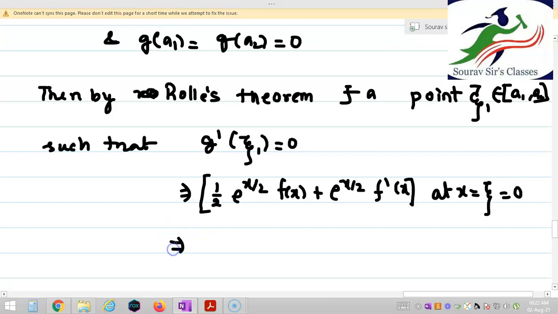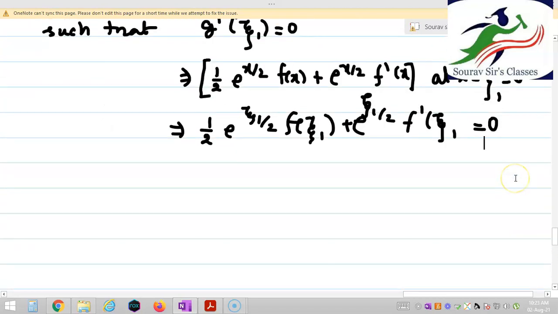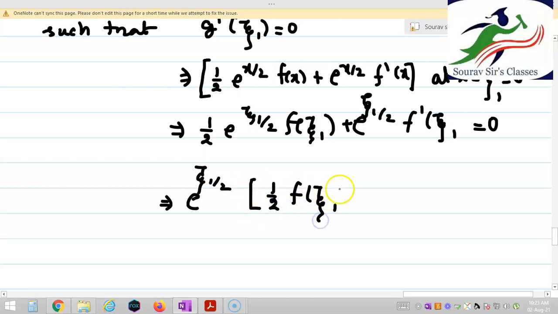So I can say that half e to the power xi1 by 2 into f of xi1 plus e to the power xi1 by 2 into f dash of xi1 is equal to 0. So taking e to the power xi1 by 2 common, I can write half into f of xi1 plus f dash of xi1 is equal to 0.